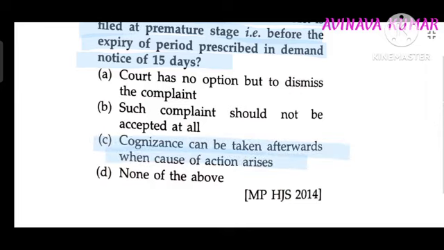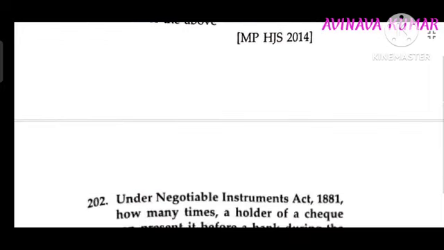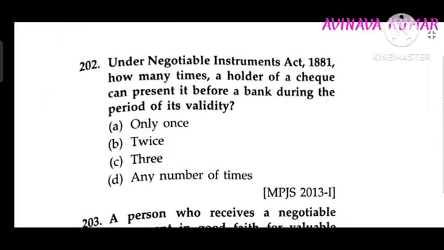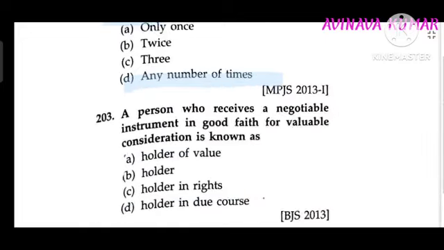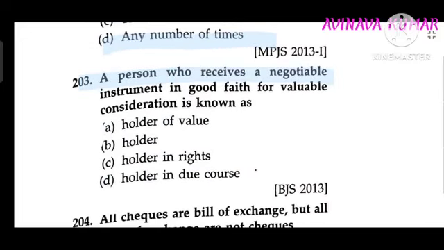Cognizance can be taken afterward when the cause of action arises. Under NIA, how many times can a holder of a check present it before a bank during the period of its validity? Any number of times.